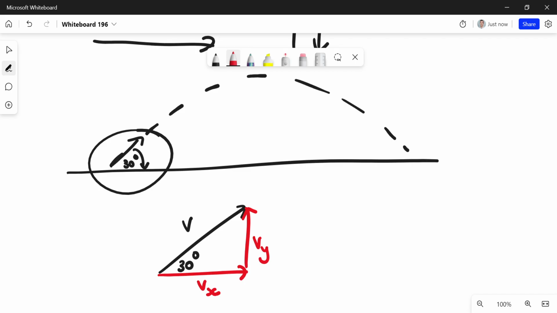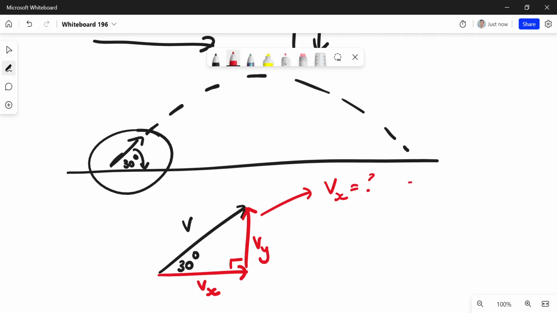Now, hopefully you can see that when I've drawn up this triangle, I've clearly got a right angle triangle that we're dealing with. If I asked you using trigonometry to tell me what Vx is equal to, you'd say Vx is the adjacent side to 30 degrees and V is the hypotenuse.